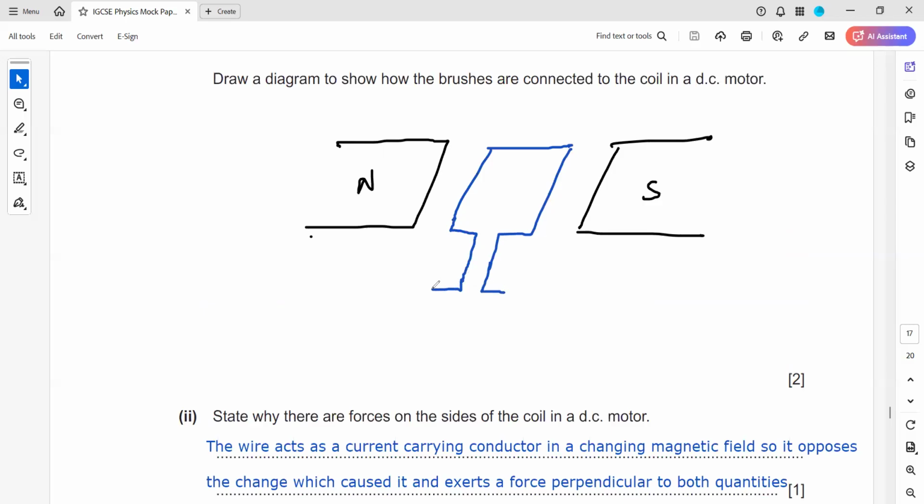Then this is connected to the split ring and the carbon brushes. Then connected to a supply. A switch is there. So this is actually a DC motor.